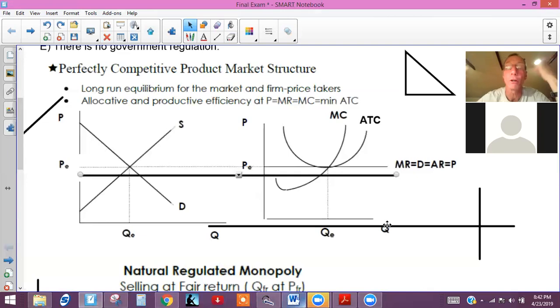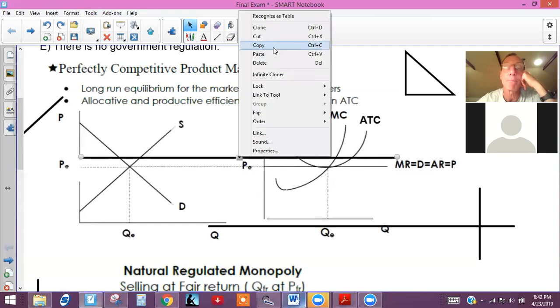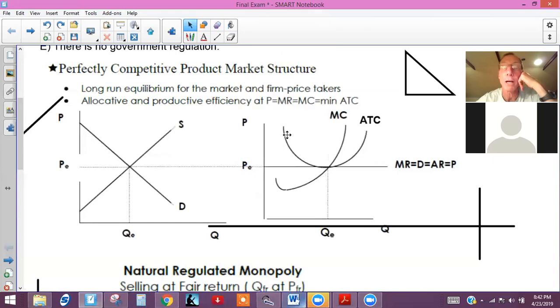What they would try to do is raise their price. And if they tried that, all the consumers would just go somewhere else, because theoretically, in a perfectly competitive market, there's a lot of firms selling the same thing, right?